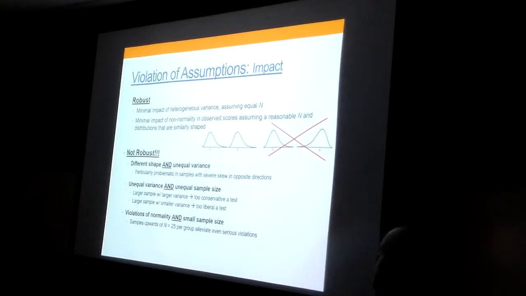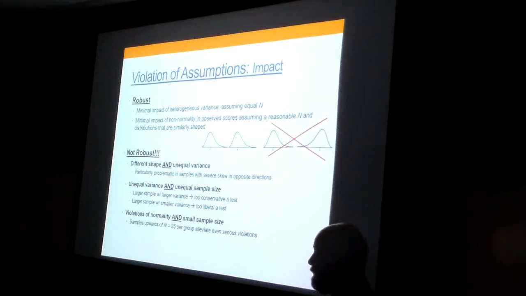If we've got unequal variance and unequal sample size, right? In this case, we can start to predict the impact. If the larger sample has a larger variance, we get too conservative of a test. Why is this, Lauren? For a larger sample with a larger variance, why is this going to make our test too conservative?